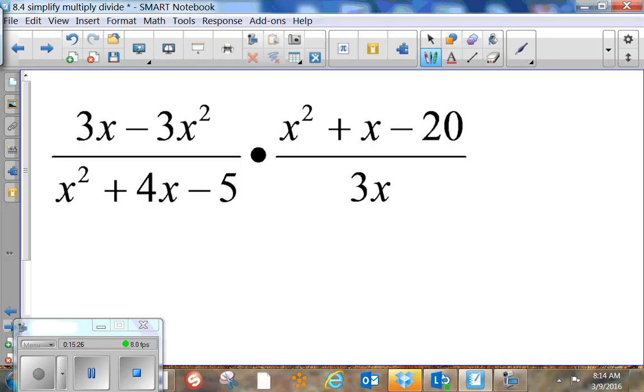Let's try another one. 3x minus 3x squared over x squared plus 4x minus 5, minus x squared plus x minus 20 over 3x. All right. Can I use the bow trick on this problem?